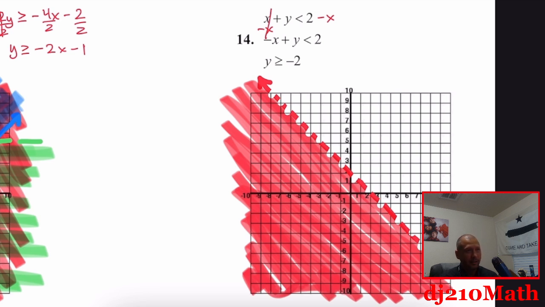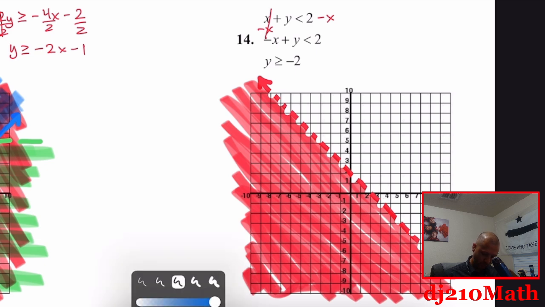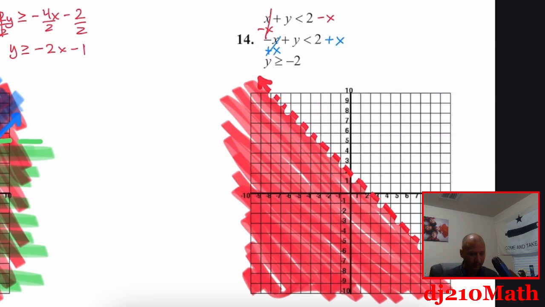Next one. Negative x plus y less than 2. We're going to add x to both sides. So it cancels. So y is less than 2 plus x. Dotted line.